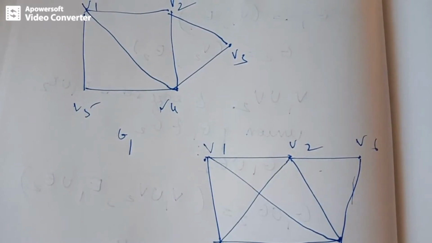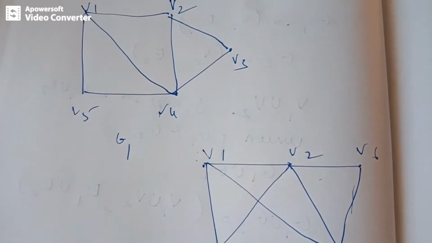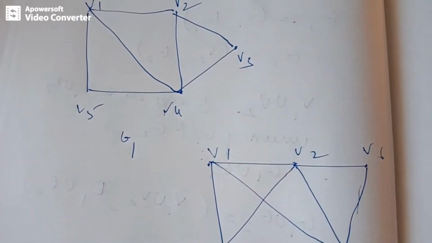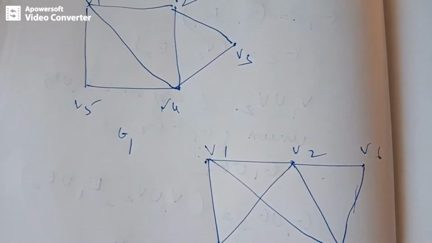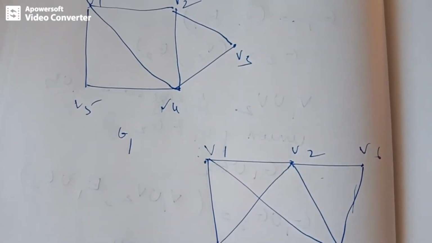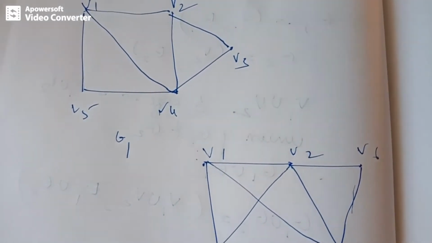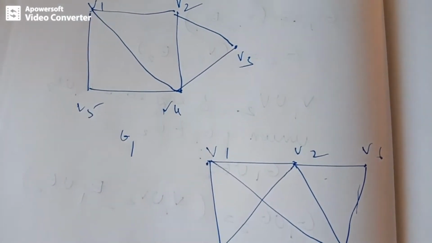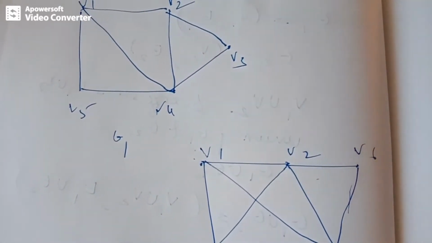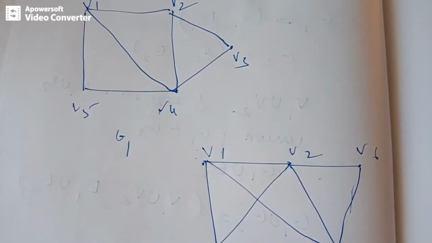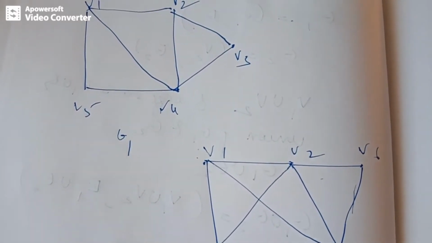So let's combine the two vertex sets. It will be V1, V2, then you will have V6. V1 will be connected to V4 as well as V5. Then V2 will be connected to V4. V2 will be connected to V3 also.